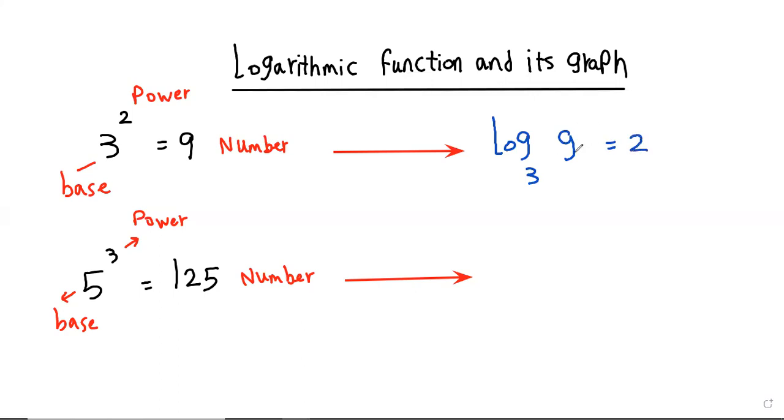So log 9 in the base 3 means: what is the power we can raise this 3 to, to get 9? This power is 2. So 3 to the power of 2 is 9. We can write it another way, which is log 9 in the base 3 equals 2. So 2 is the power.